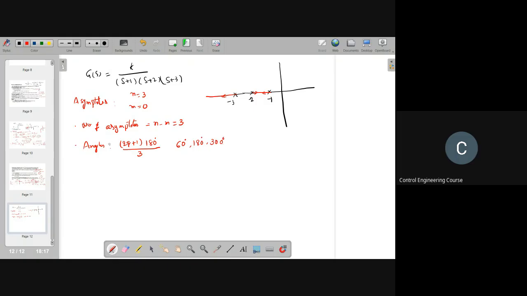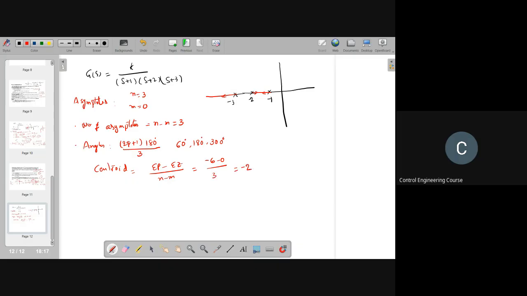Then the centroid. Centroid is sigma poles minus sigma zeros divided by n minus m. So it is equal to minus 6 minus 0 by 3, which equals minus 2.